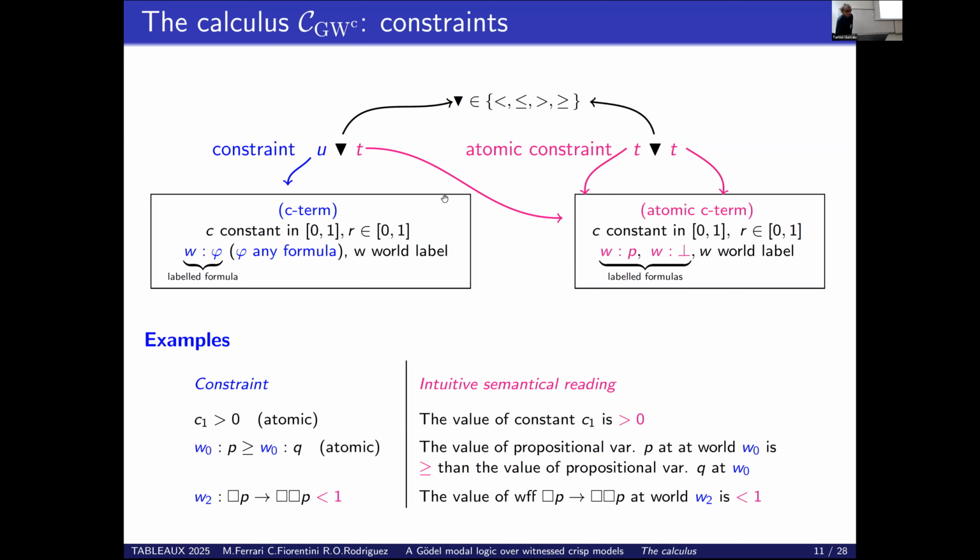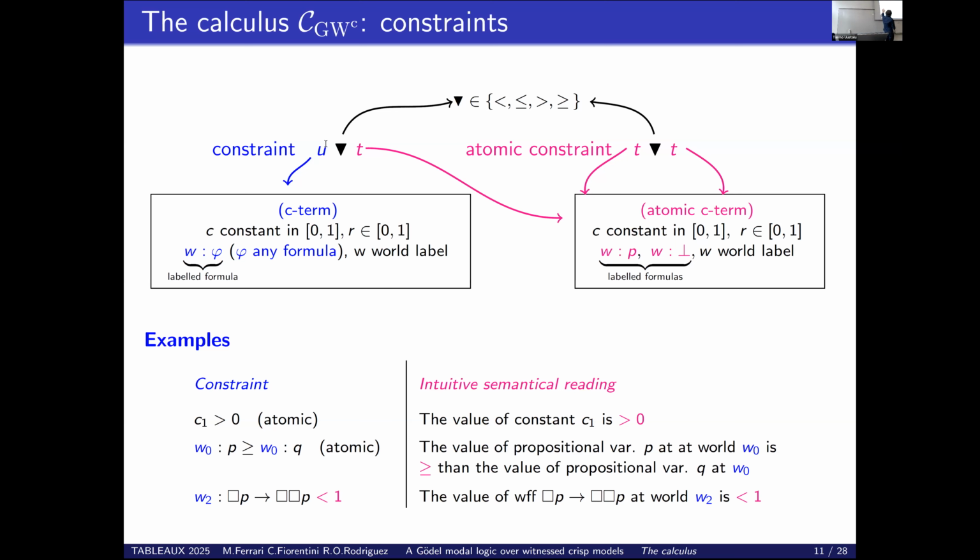The idea behind the calculus is that it works on constraints over labeled formulas. A general constraint has on the left a term, which can be a constant, a rational number, or a formula labeled by a world in the model.